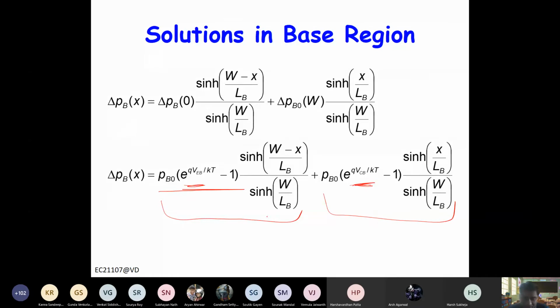So at x equal to 0, this is the value. At x equal to W, sinh 0 will become 0, so this will be 0 there.